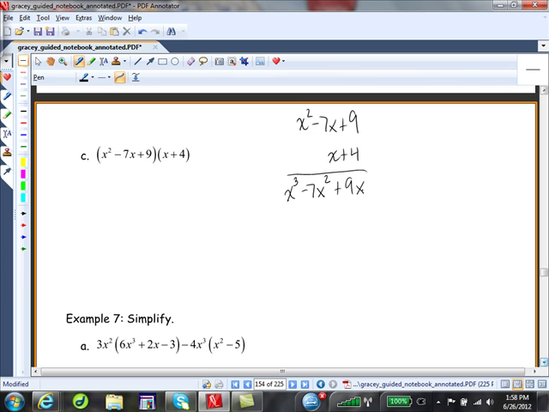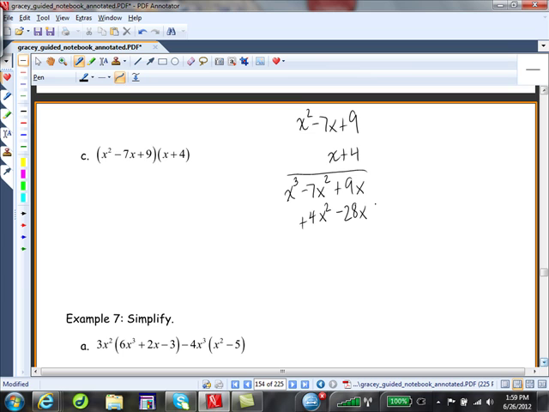Now I need to distribute the 4 throughout. 4 times x squared gives me positive 4x squared. So what I am doing is I am lining up the like terms. 4 times negative 7x is going to be minus 28x.